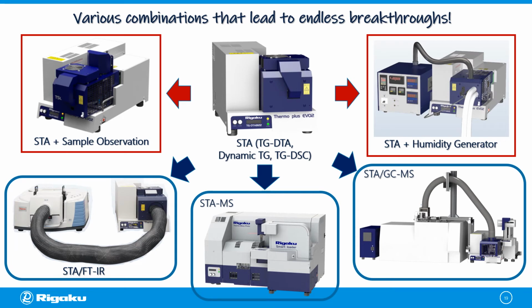Our STA system can be utilized as a standalone system or connected with a wide range of options such as a sample observation unit, humidity generator system, and even systems for evolved gas analysis techniques such as STA FTIR, STA GCMS, or STA MS that suit your needs.